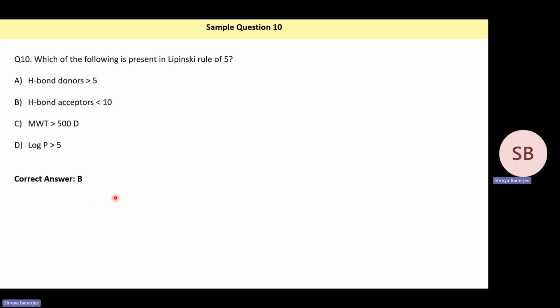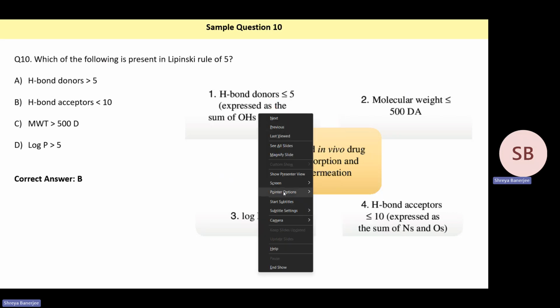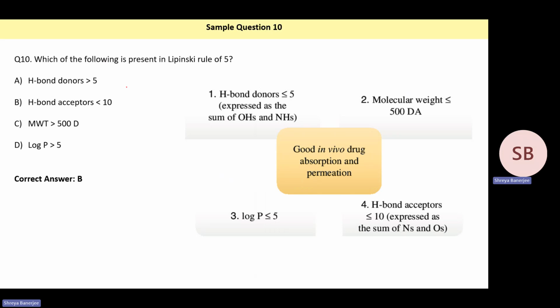So the correct answer is option B. So Lipinski's rule of 5 is basically the rules for any in vivo drug to be absorbed well and distributed well in the body. These rules are the number of hydrogen bond donors should be less than equal to 5. So hydrogen bond donors are the OH groups, NH groups, so on. They should be less than equal to 5. So this is wrong. The second is molecular weight should be less than equal to 500 Daltons. So this is also wrong.